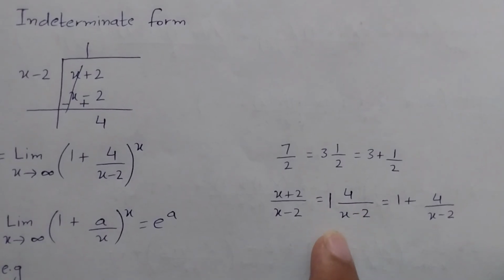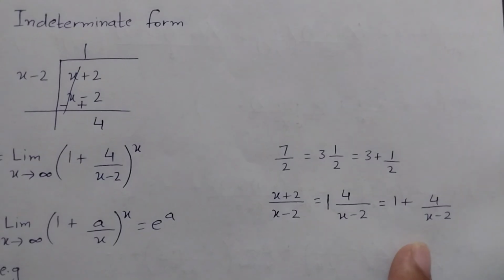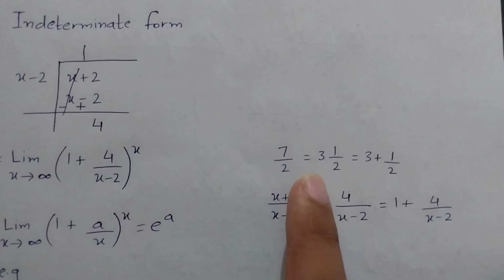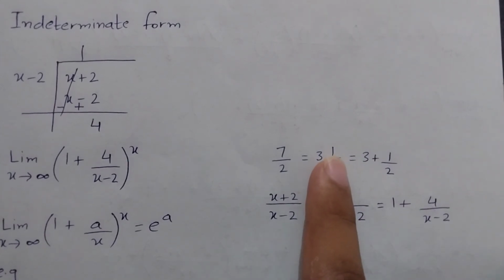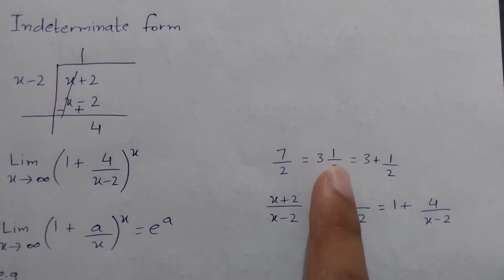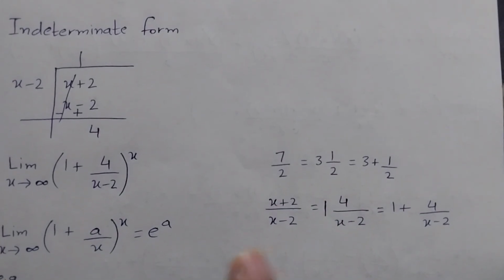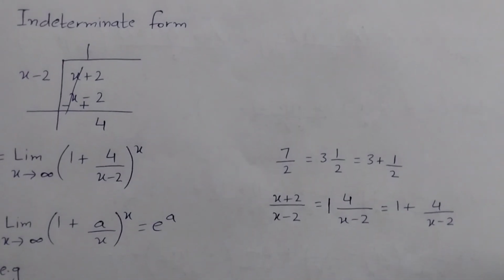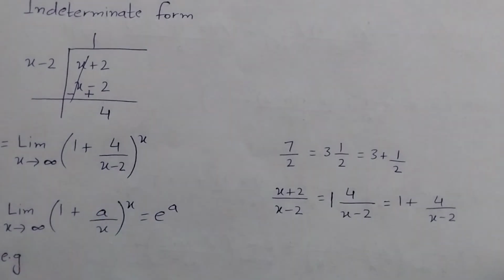Looks weird. Which can be written as 1 plus 4 over x minus 2. This number is basically your quotient, the numerator written here is the remainder, and this was your divisor. So I've written our given fraction as 1 plus 4 over x minus 2.